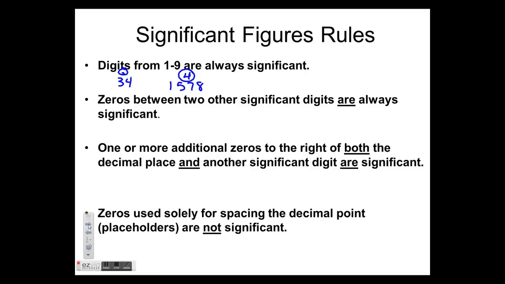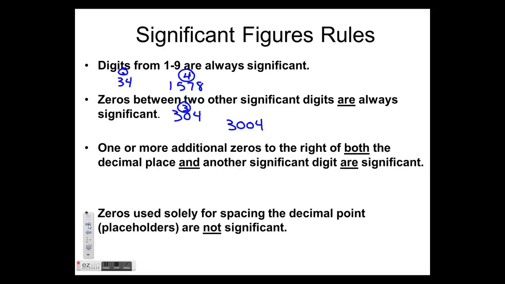Zeros between 2 other significant digits are always significant. So now if I have 304, the 3 and the 4 obviously count because they're non-zero numbers. Now the 0 is between the 3 and the 4, so it counts too. So this one has 3 significant digits. How about 3004?